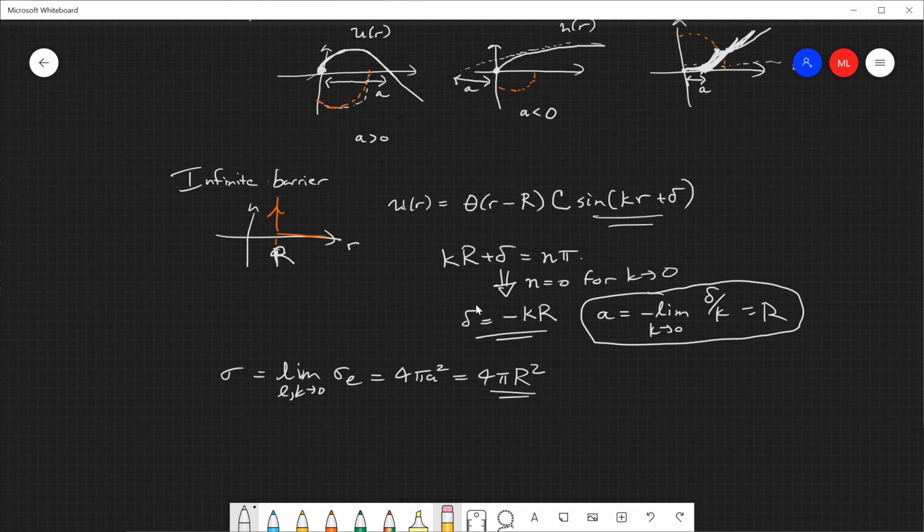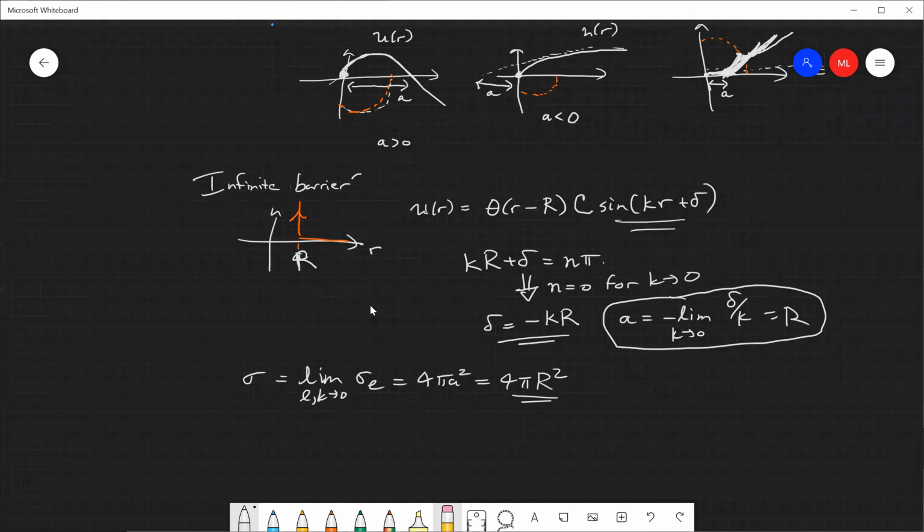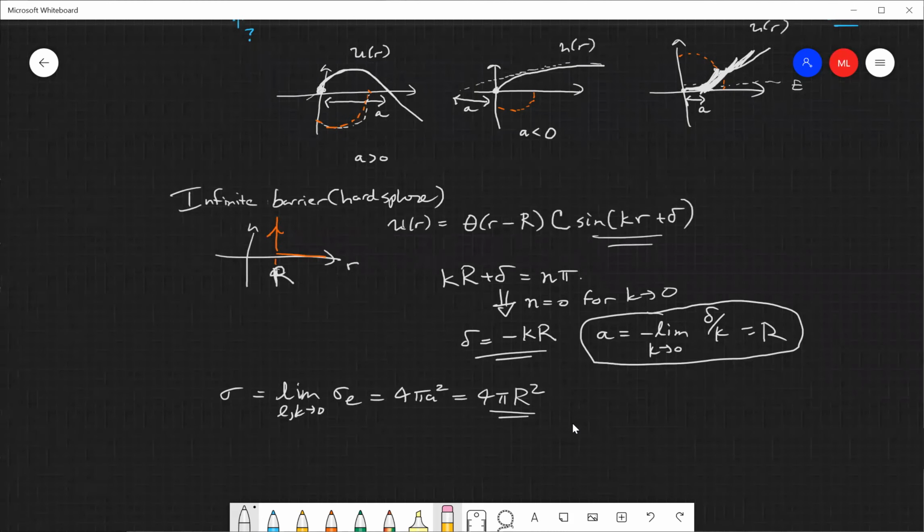Really weird, right? So infinite barrier, I should just say, you could also say hard sphere. It's really weird because classically we would have expected for hard sphere scattering to just get the area of the sphere, which is pi R squared. But here we get 4 times as much scattering, 4 pi R squared.